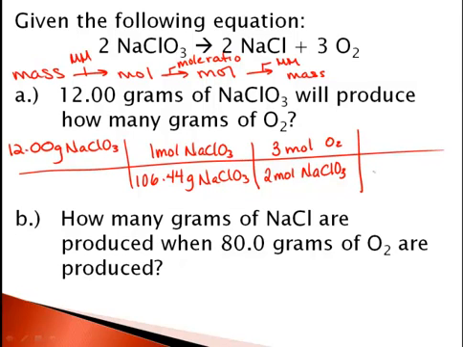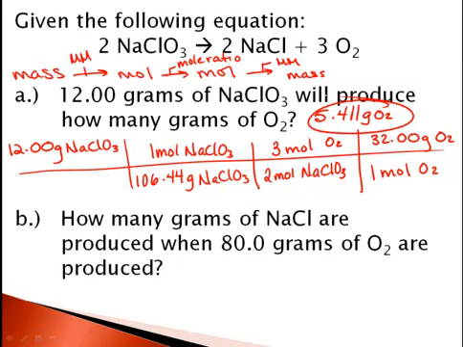And the molar mass of oxygen, 1 mole of oxygen, has a mass of 32.00 grams. So when we take 12 divided by 106.44 times 3 divided by 2 times 32, that's where we get the 5.411 grams of oxygen produced.